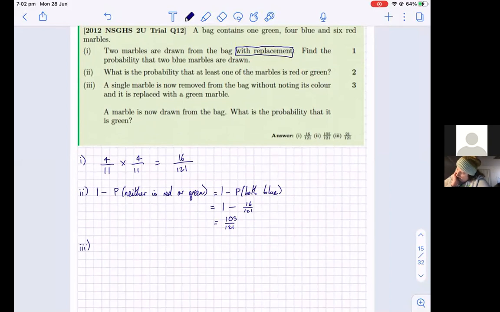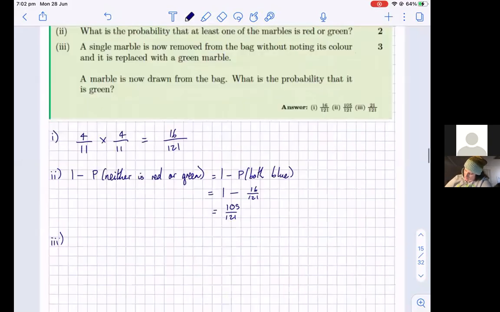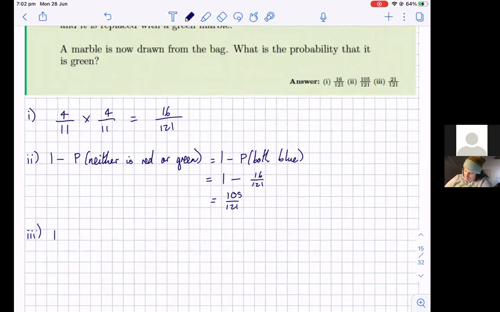Let's consider the different scenarios. So the first scenario is the first marble was green. Actually, this can be easiest as a tree diagram, I think.